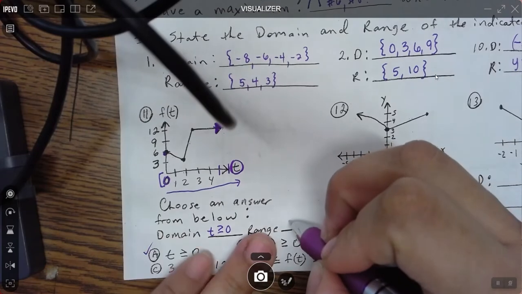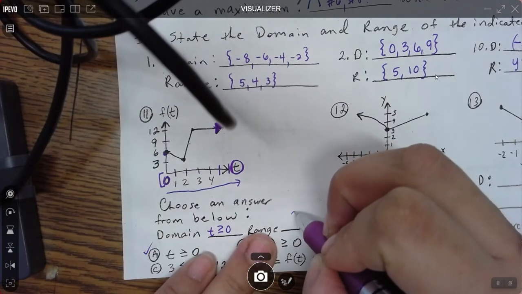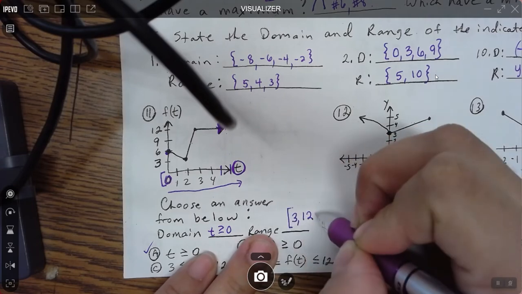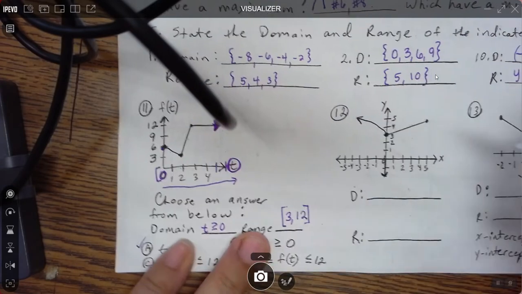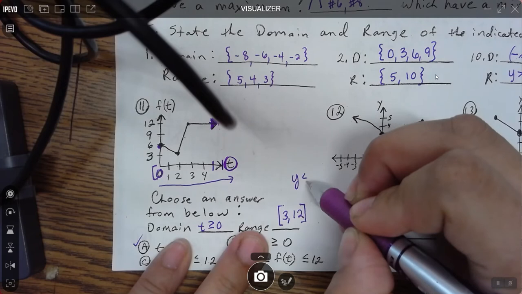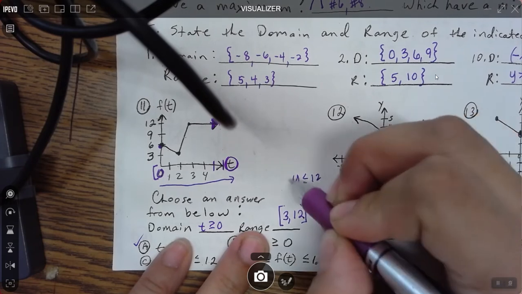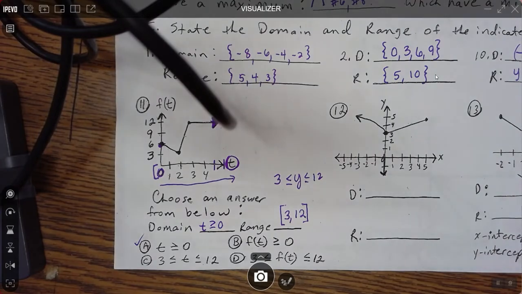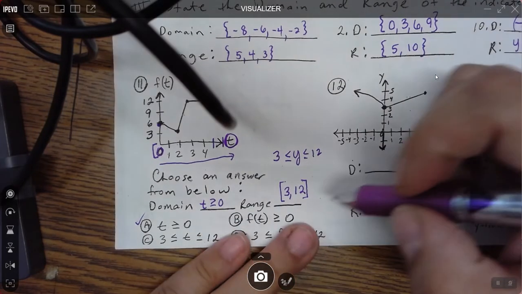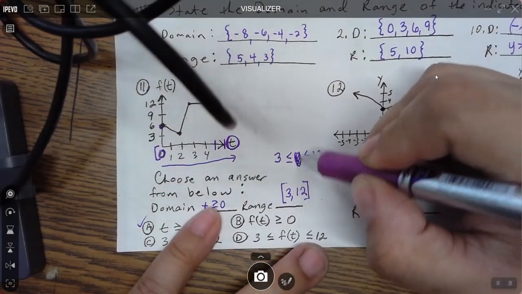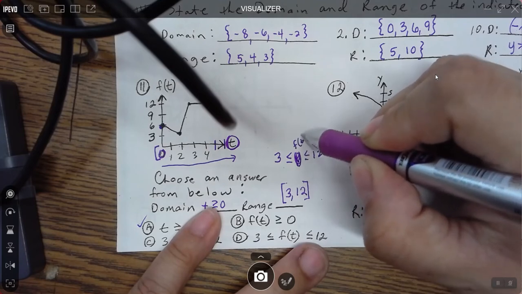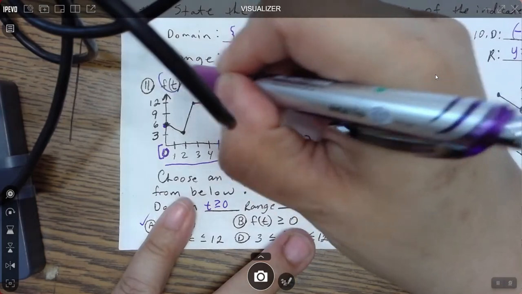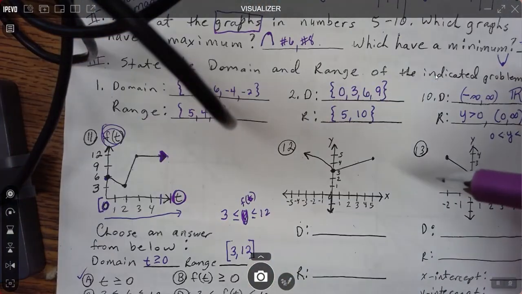So the range goes from 3 to 12, both numbers of which are included. You can also do it like this, f of t less than or equal to 12 and greater than or equal to 3. Oh, I'm sorry, we're not using y, we're using f of t. Because that's what the y values are called, f of t.